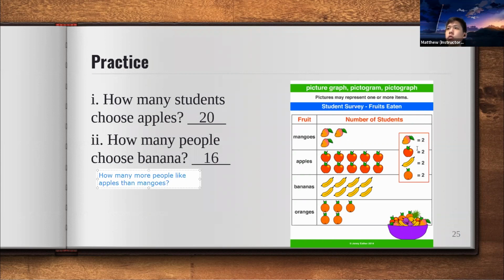There is 3 mangoes, so 6 people like it. And we know above that 20 people like apples. Yes, as Erica said, the answer is 14.